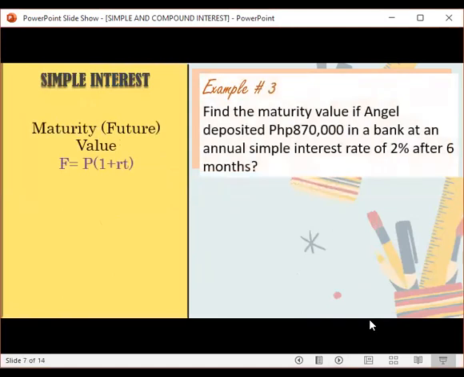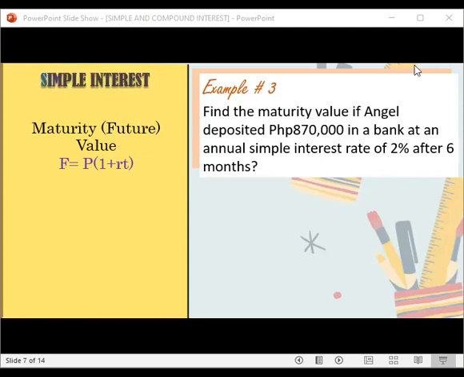Let's move forward to example number 3. So, in this one, we have here the maturity, the formula for maturity or future value. So, find the maturity value if Angel deposited 870,000 in a bank at an annual simple interest rate of 2% after 6 months.